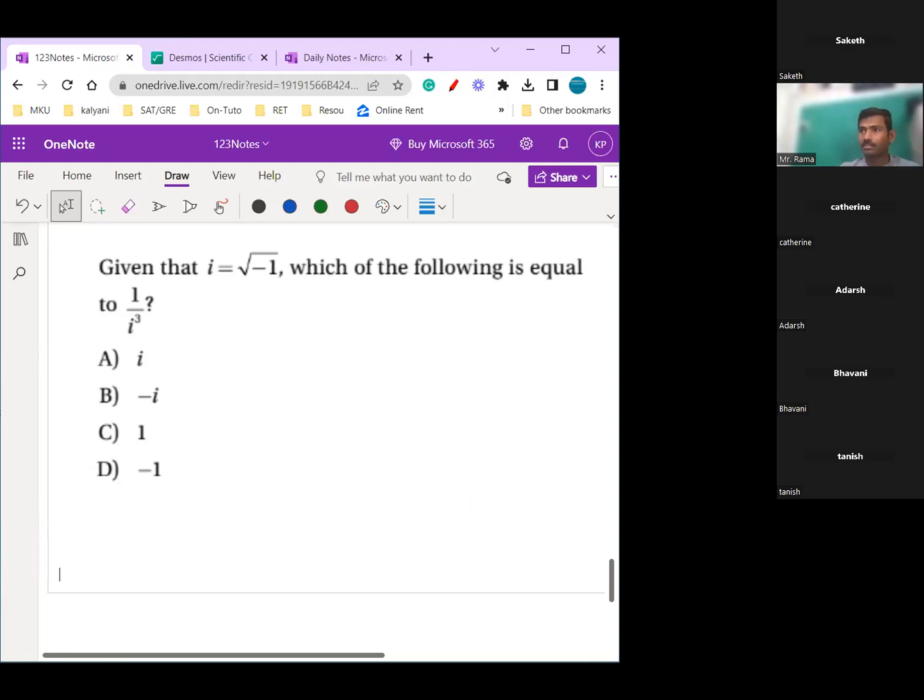Okay. Given that i equals square root of -1, which of the following is equal to 1 over i cubed? Okay, so which of the following is the same as 1 over i cubed, A, B, C, D? Which one could be? And these are the questions you see on the test.